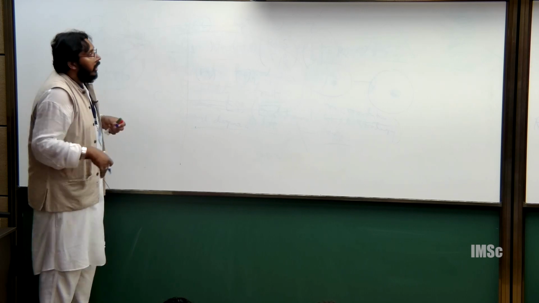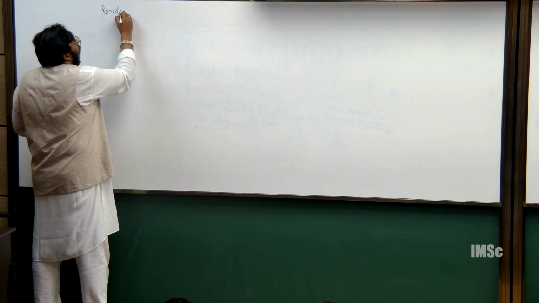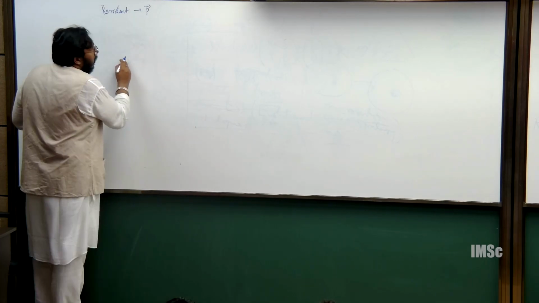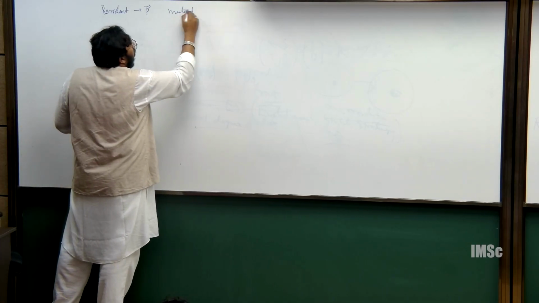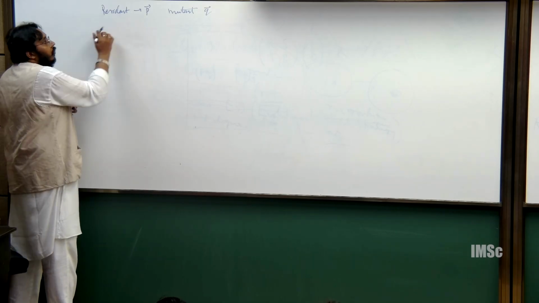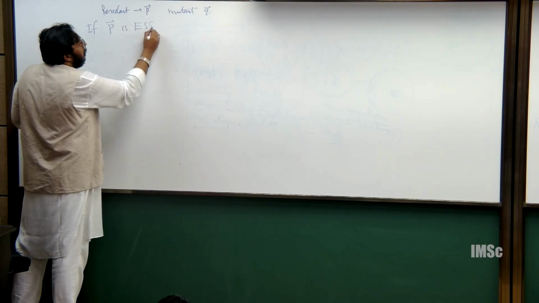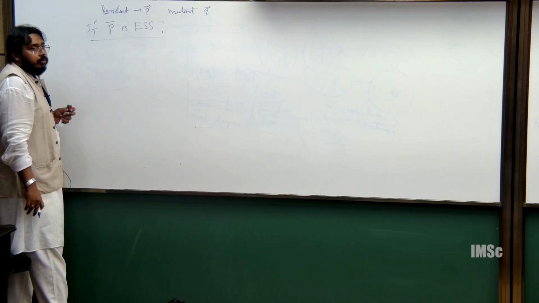So if I have resident with strategy P, and a mutant comes with strategy Q, to know if P is ESS, if I want to ask this question, what is it that I have to do?